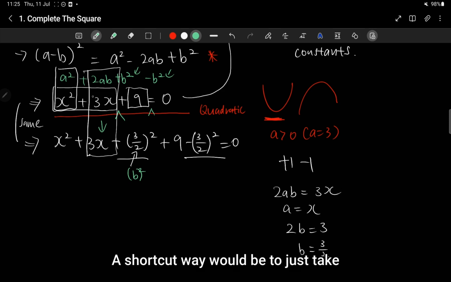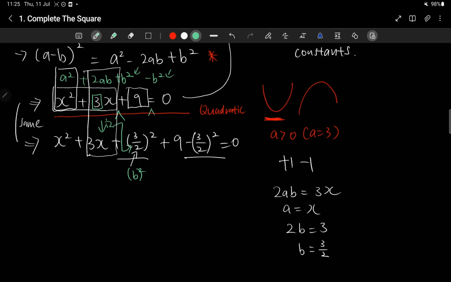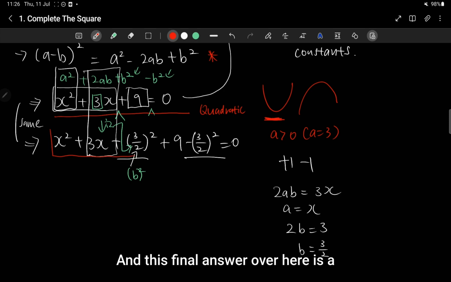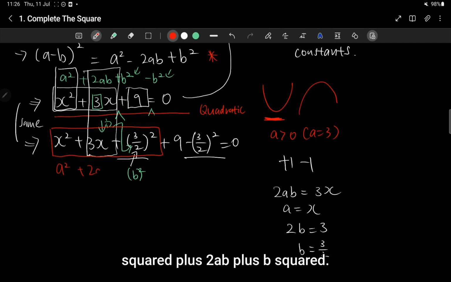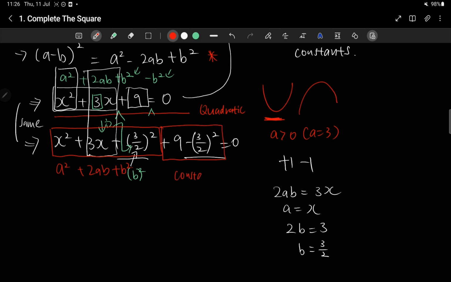A shortcut way would be to just take the coefficient of this and just divide it by 2, and then you will get this. So this is how you get the b squared. And this final answer over here is a squared plus 2ab plus b squared. And over here are your constants.